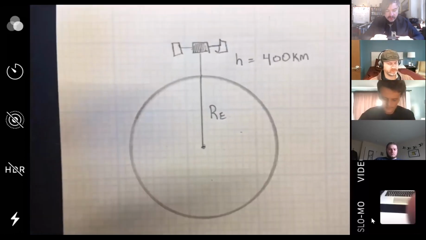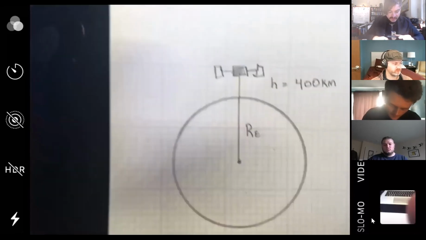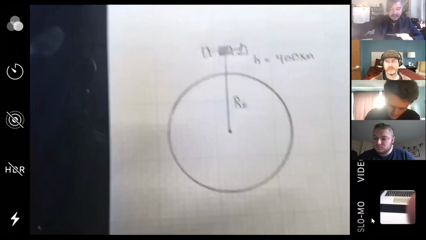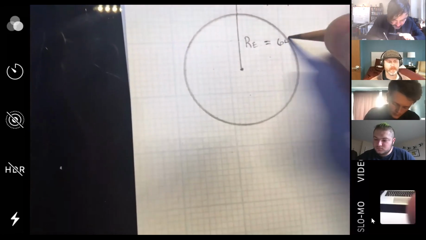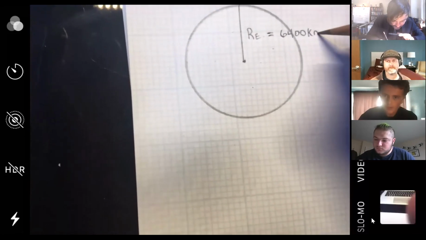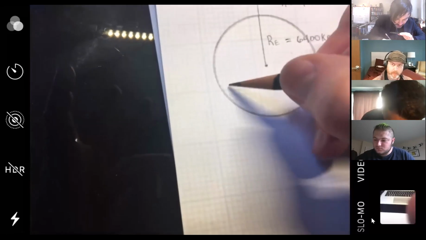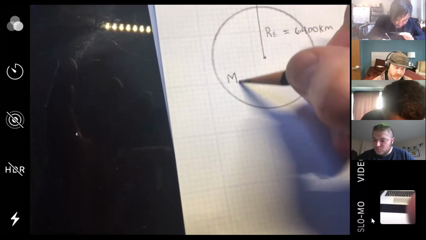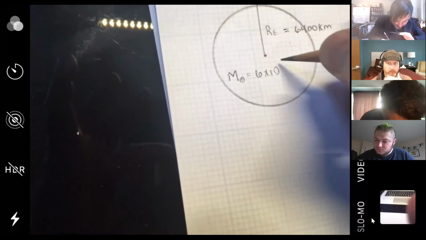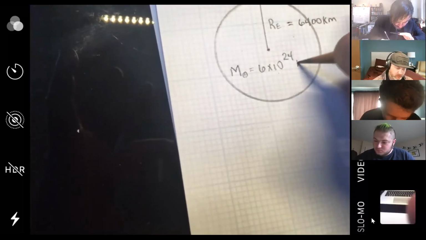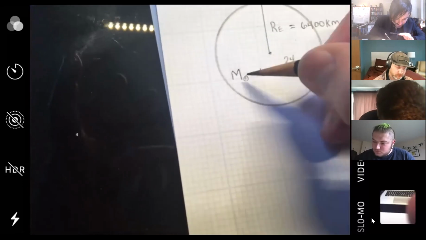So you guys will see that I've drawn in the height of the shuttle is 400 kilometers. I'll need to give you the radius of Earth, which I gave you in today's lecture, is 6,400 kilometers. The mass of the Earth is 6 times 10 to the 24 kilograms.